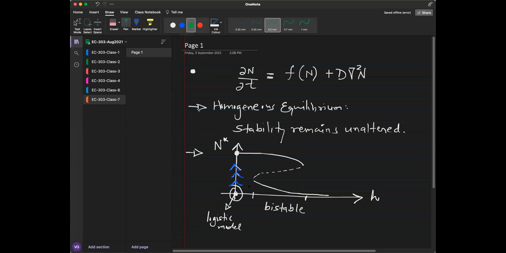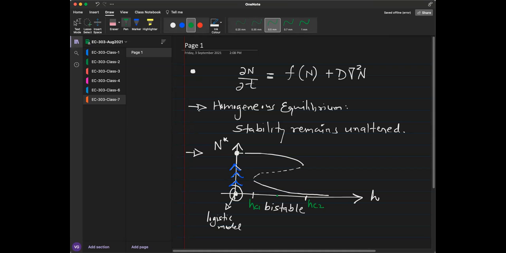Let's denote this by HC1 and let's call this HC2. Between 0 and HC1, I had asked you in the last class to find out what happens, is this feature true across the entire spectrum? Specifically, I had asked you to look at the bistable region. So what you should have found is in this region between 0 and HC1, this simple idea of a smallest perturbation from 0 leading to flow towards the carrying capacity equilibrium must hold true throughout this.